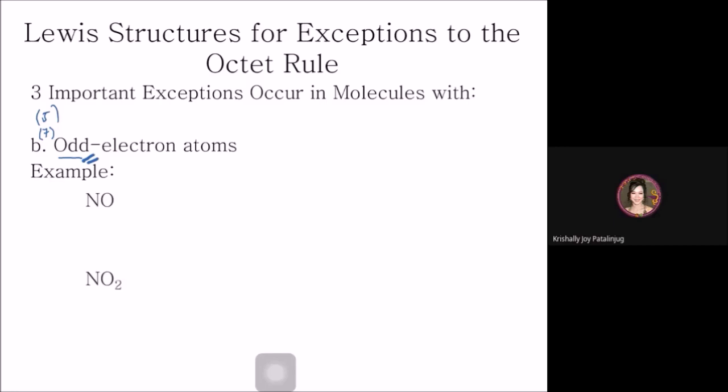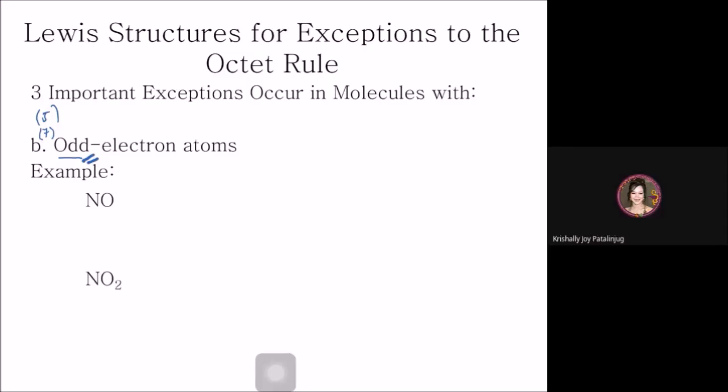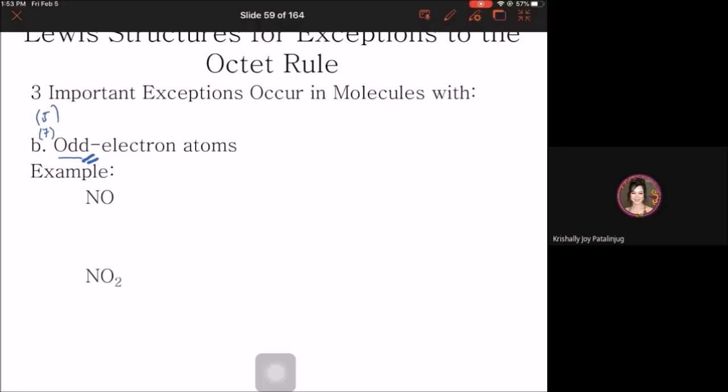Kung mag-search ka ng example ng mga molecules with odd electron central atom sa Google, lalabas ay mga nitrogen oxides, example, nitrogen monoxide, nitrogen dioxide. Okay? And that is the reason, it is because these are usually called free radicals.